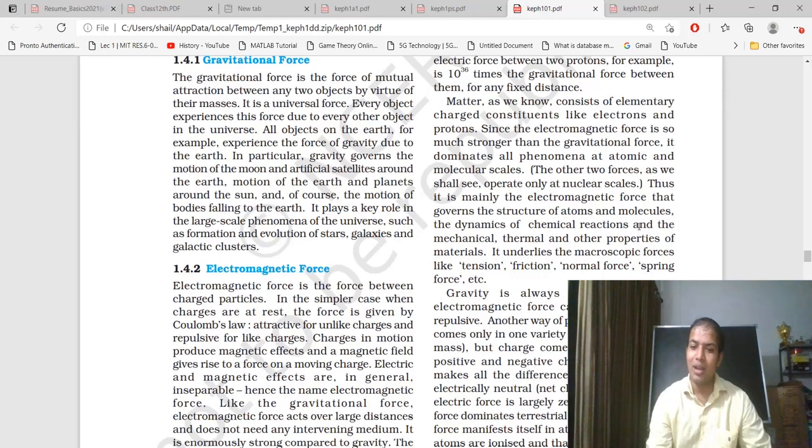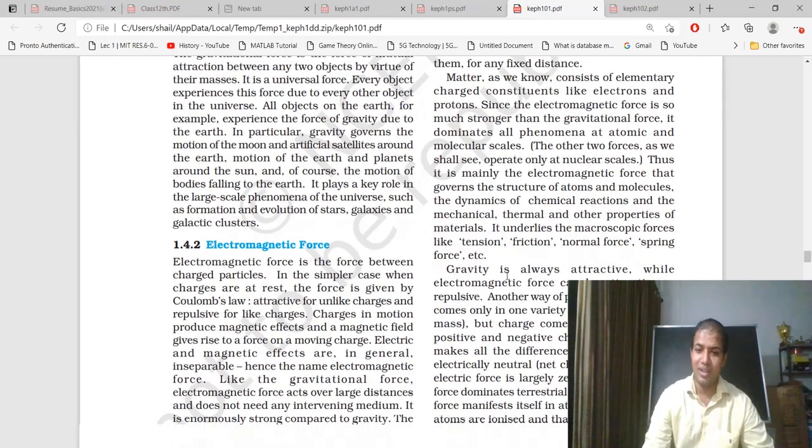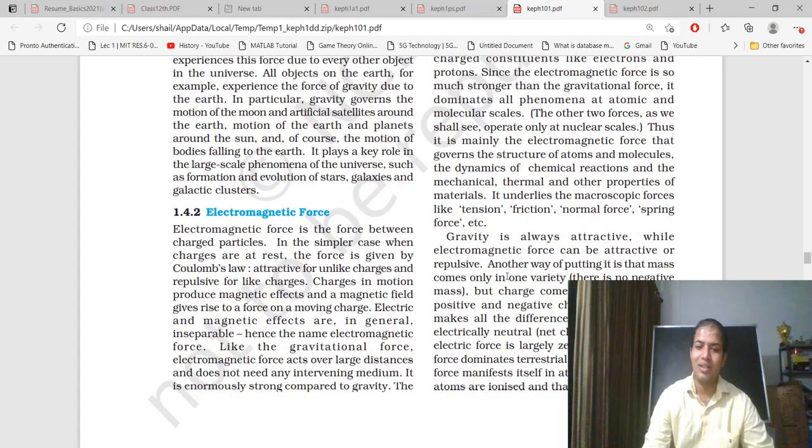It underlies the macroscopic forces like tension, friction, normal force, spring force, etc. It underlies means these forces are at a slightly bigger level, but at the chemical and molecular level, you can see that this force is very dominating, and it decides the shape of the electron cloud around the atom.